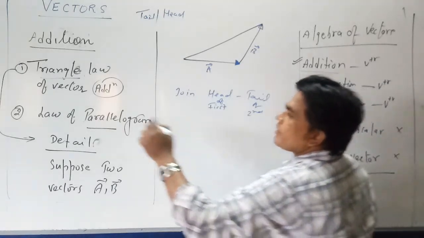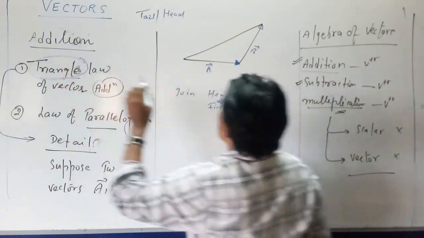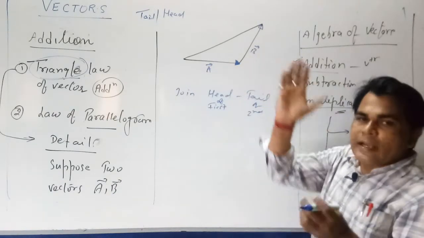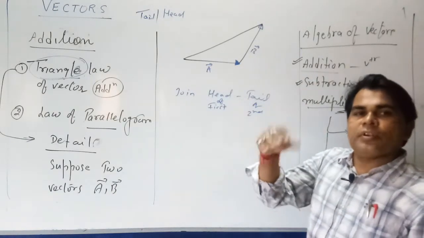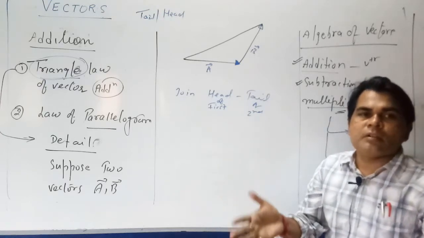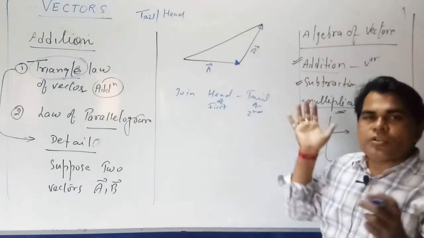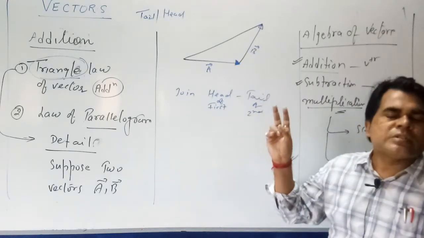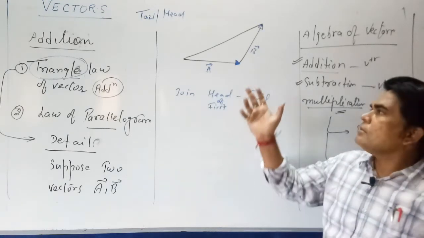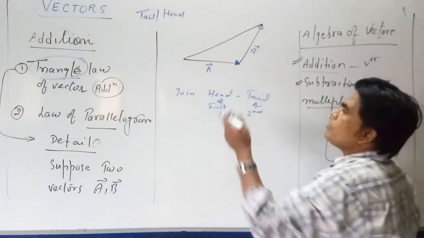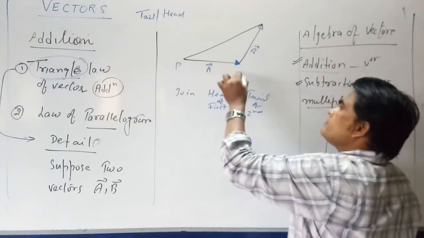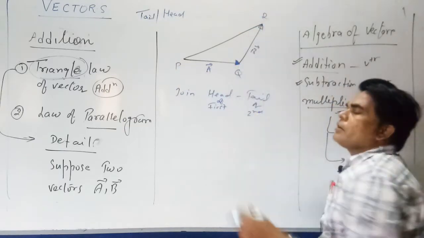So the triangle law of vector addition means you have occupied two adjacent sides of a triangle. I repeat, by doing this you have occupied two sides of a triangle. If you want to give the vertices names, you can take PQR. Otherwise, no need.